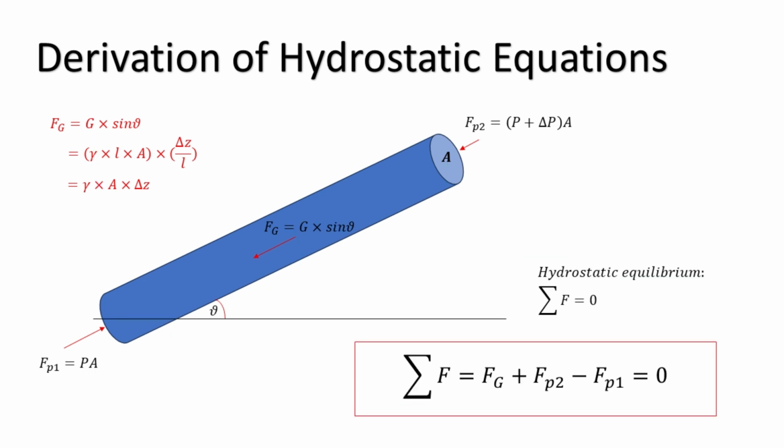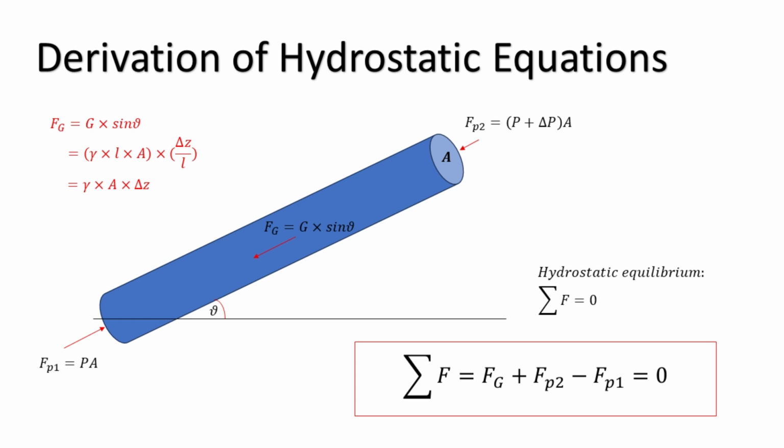Along the central line coordinate direction, let's analyze the three forces acting on the fluid body. Both Fg and Fp2 point in the same direction, while Fp1 points in the opposite direction. Therefore, overall, the forces sum up as Fg plus Fp2 minus Fp1.